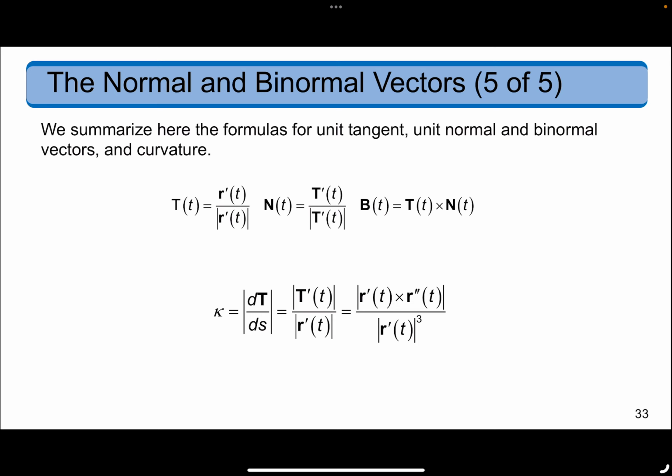The binormal vector B of t is equal to the cross product between unit tangent and unit normal, and the curvature is the magnitude of dT over ds, which can be simplified as the magnitude of r prime cross r double prime over the magnitude of r prime cubed.